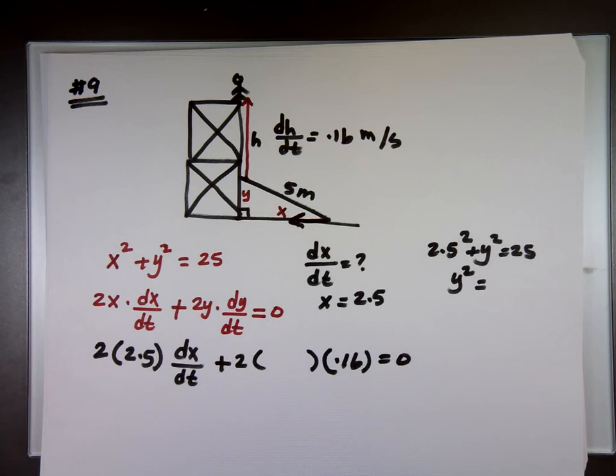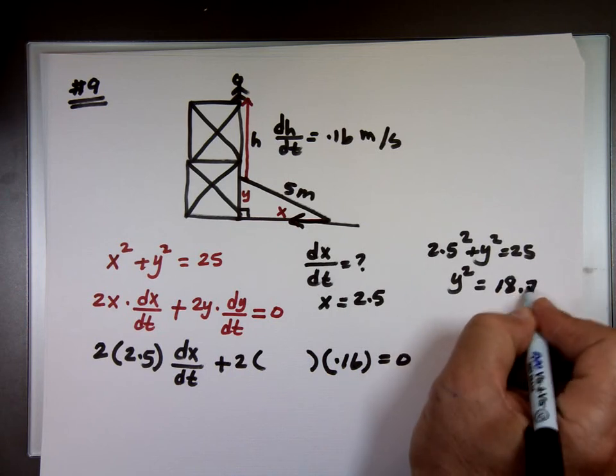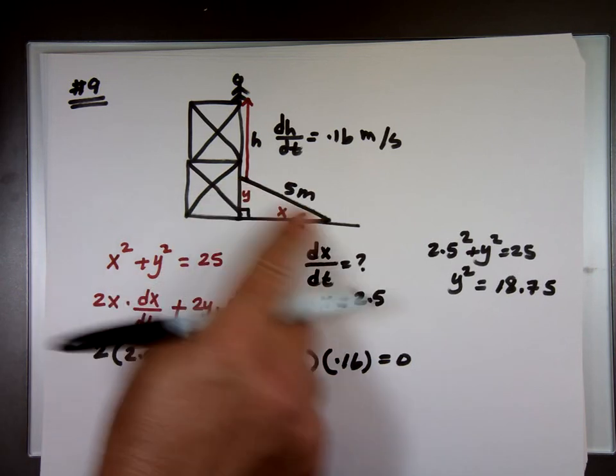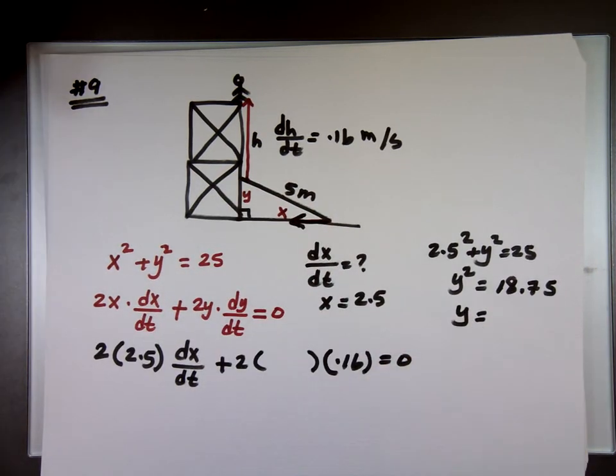Can't be. The whole thing is 5 meters, right? This is the longest side. That's 5. So what is y going to be? The square root of that number. 4.33.